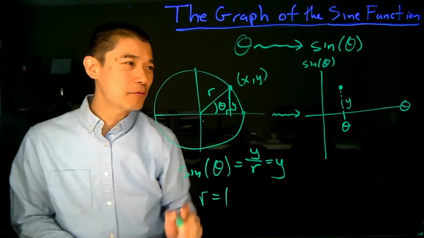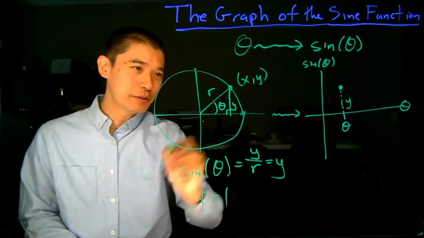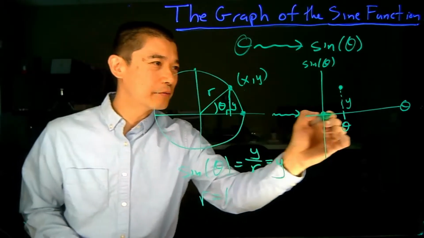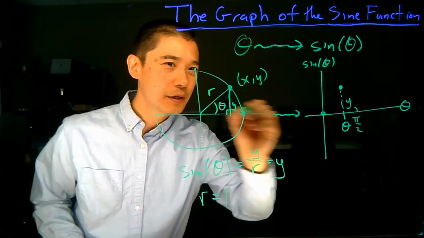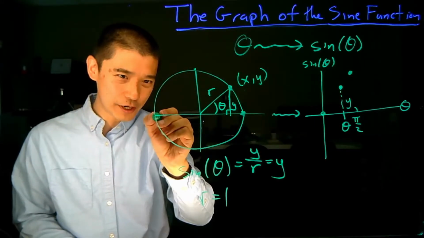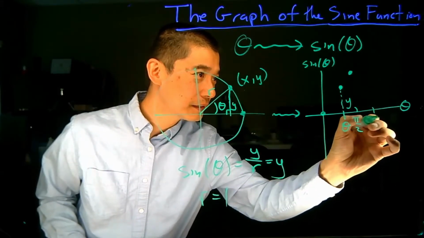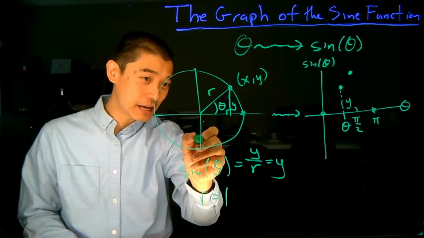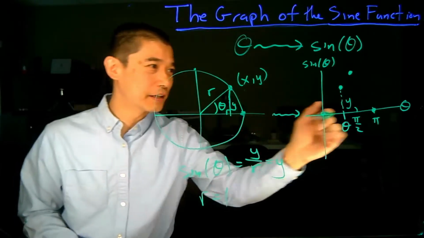So a few of the key points to keep in mind are that when the angle is 0, the y coordinate is 0. When the angle is pi over 2, the height is 1. At pi, the y coordinate is 0 again. And then at 3 pi over 2, the height is negative 1, right? The y value is negative 1.